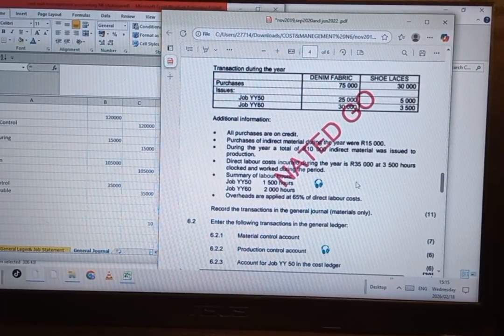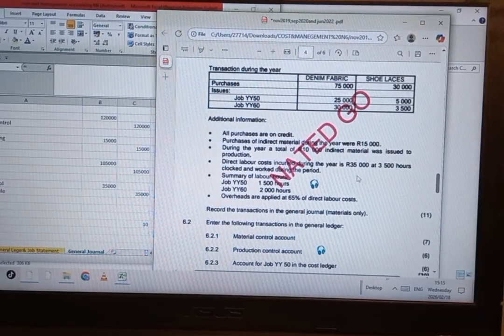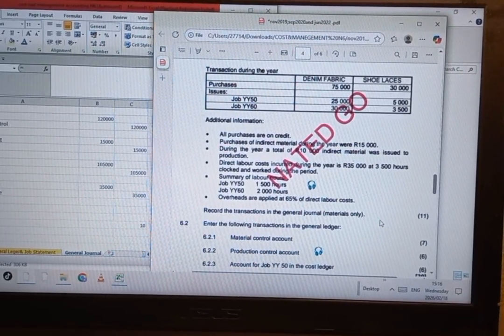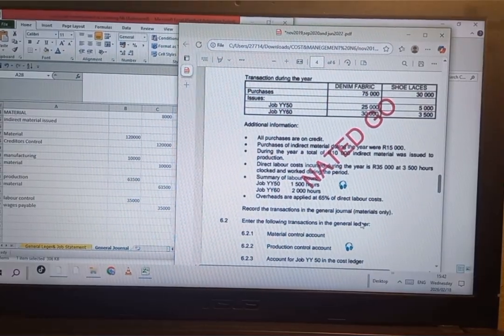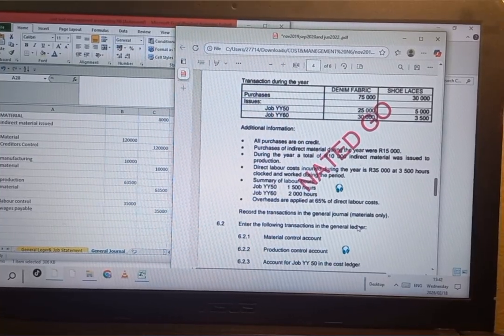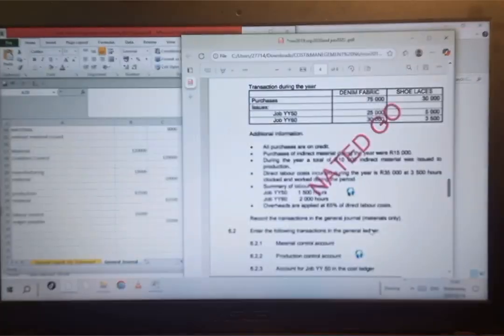So the moment you say 10 rand per hour times 3,500 hours worked, it is going to give the total labor cost. You take that amount, just in case the labor cost amount was not given. As they were specific that we should only do material, but since we are practicing, I did it, just in case it would be asked in a future question paper.